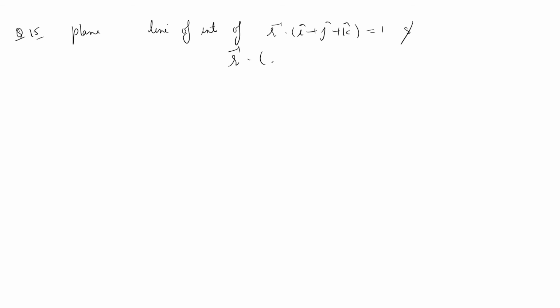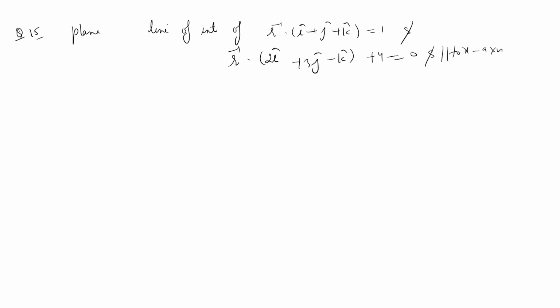Question number 15 says that equation of plane. Okay, so you have to find the equation of the plane which is passing through the line of intersection, which we discussed, of the planes r dot (i plus j plus k) is equal to 1, and the second one is r dot (2i plus 3j minus k) plus 4 is equal to 0, and parallel to x-axis.